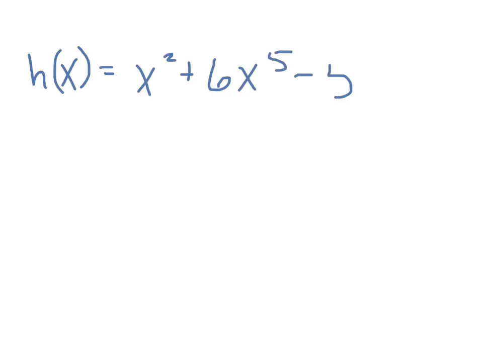Then, number 3 on here said h of x equals x squared plus 6x to the 5th minus 5. On the assignment, it just said graph the polynomial. When we graphed in our sections, we also had you finding key points, by which I mean zeros, mins and maxes.